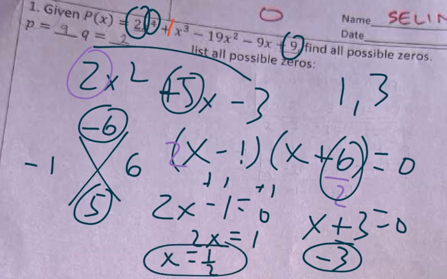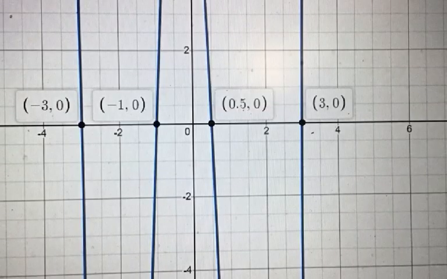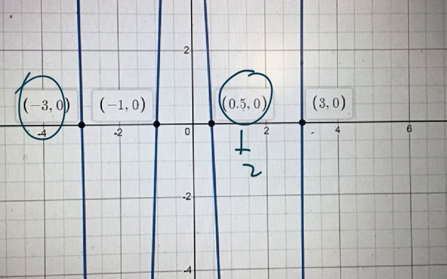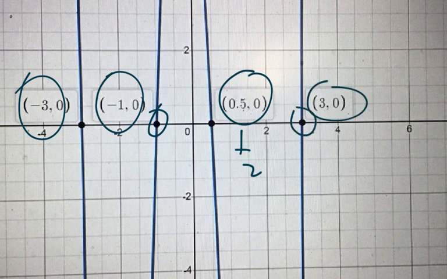So therefore, we're supposed to find all of our roots, our zeros. Zeros is another name for roots, or x-intercepts. We found all 4 of them. Look here. We found negative 3. We found 1/2, which is 0.5. We initially found negative 1 right here, and we found the 3 second, right?